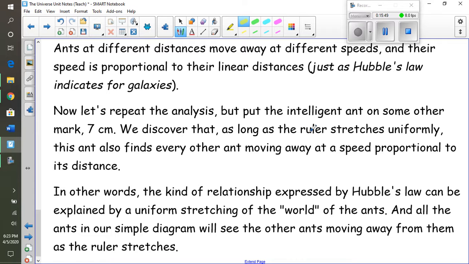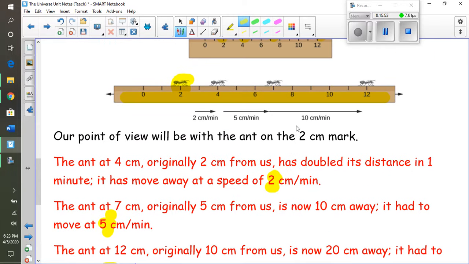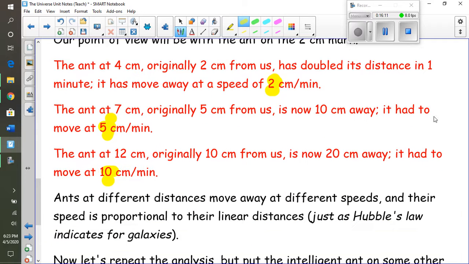So in this analogy here, the ants represent galaxies, and the ruler represents space, or as Einstein would put it, space-time. So as space-time is stretching, the galaxies which are embedded in it are moving farther apart from each other.